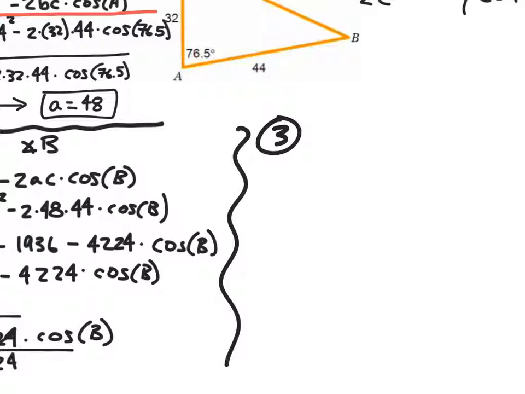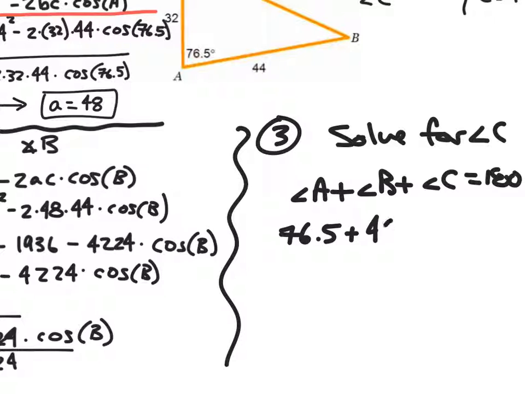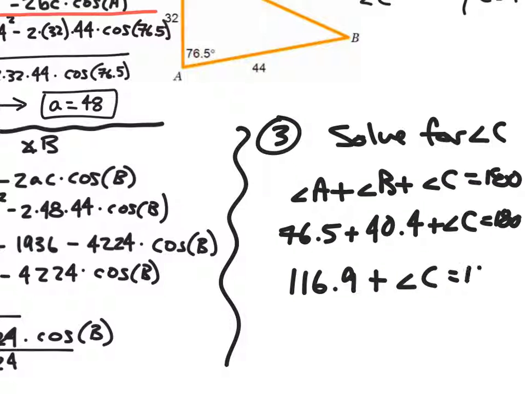So step 3 is solve for angle C. Now, here's what I know. Angle A plus angle B plus angle C, all those add up to 180. So let's plug those in. I got 76.5 plus 40.4 plus angle C is equal to 180. So 76.5 plus 40.4 gives me 116.9 plus angle C is equal to 180.